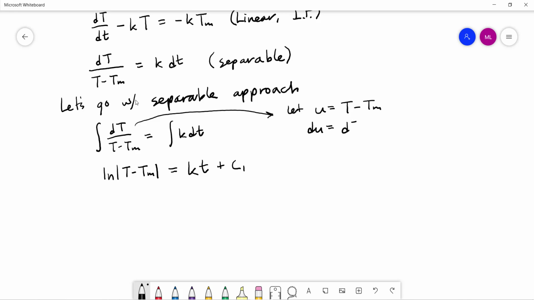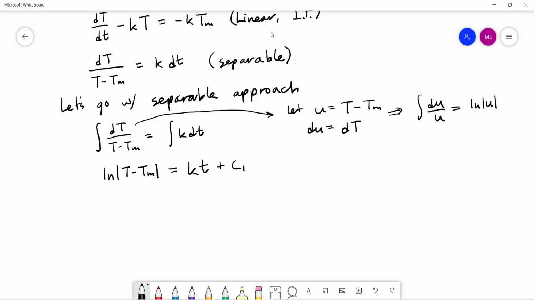Du is going to be the same as capital DT, and all we have over here is literally du, which is the capital DT, over t minus tm, which is u. So this is just du over u, which would give us the natural log of the absolute value of u. And we would convert back to the original variable t, and we would get what we've got right here.